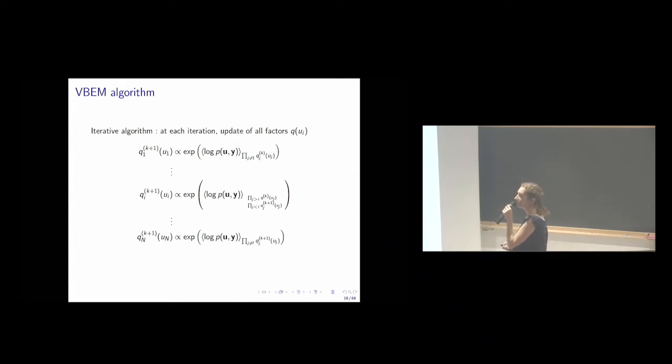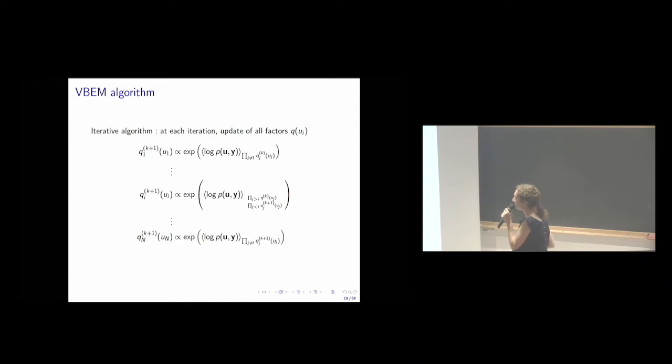And then the VBEM algorithm, the variational Bayes expectation maximization algorithm, relies on this particular expression. It says we can do an iterative procedure in which at each iteration we update all factors of the approximation by just focusing on one particular variable and keeping the others unchanged.